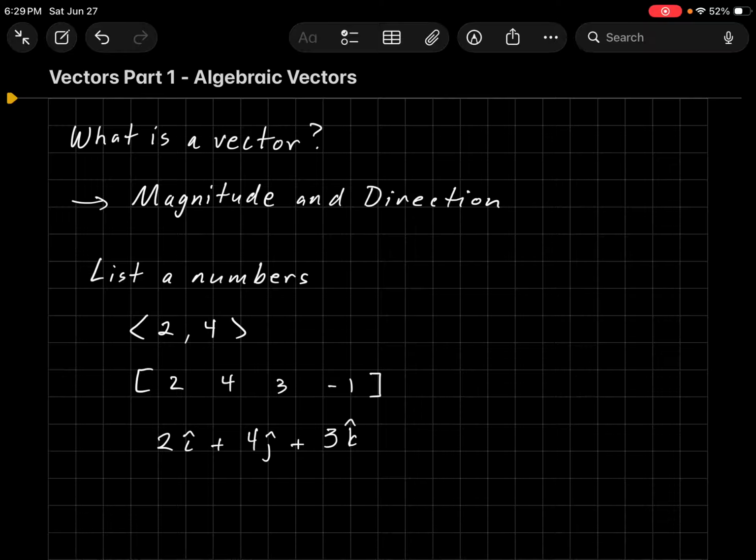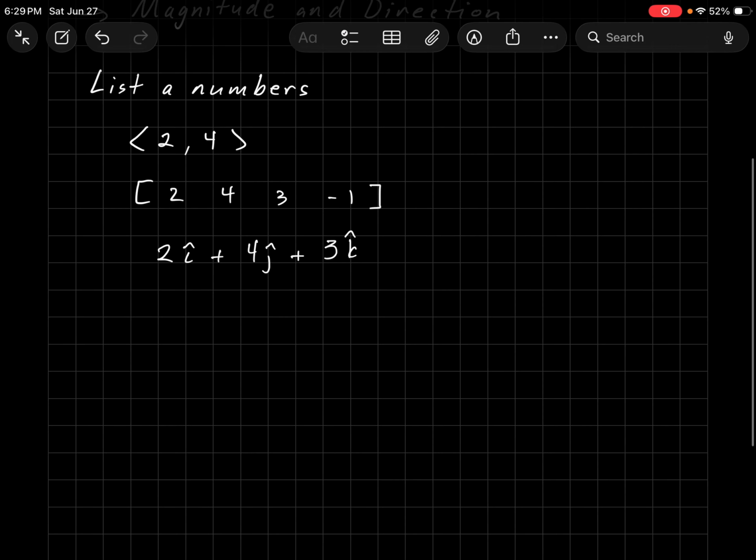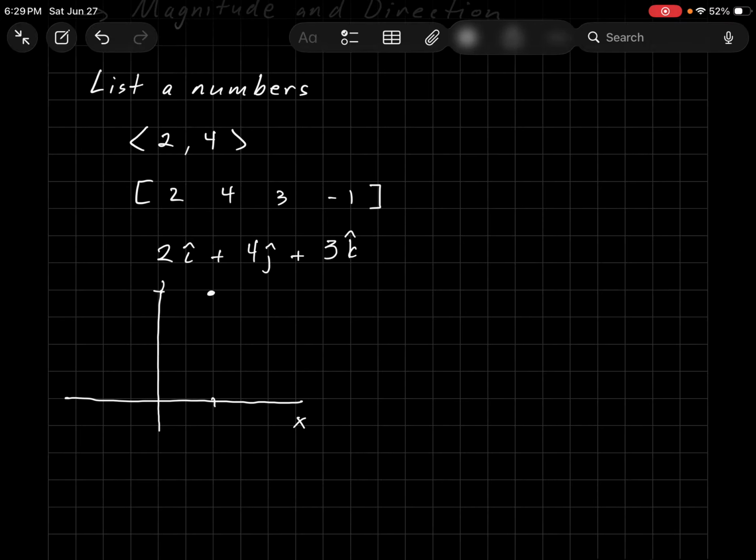So what is a vector algebraically? Well, let's look at the example 2, 4. And let's go and plot the point 2, 4 on a coordinate system. So 2 on the x, and then 4 on the y. So the point 2, 4 is not the vector.